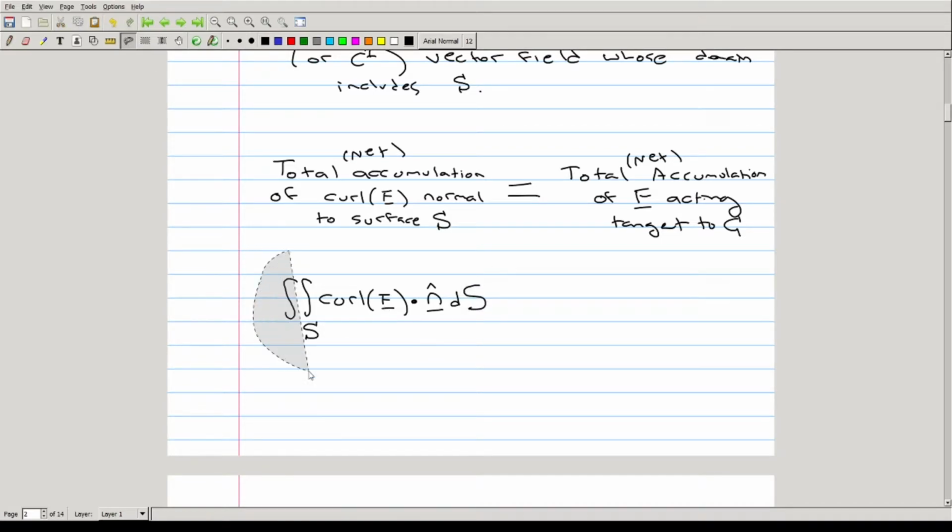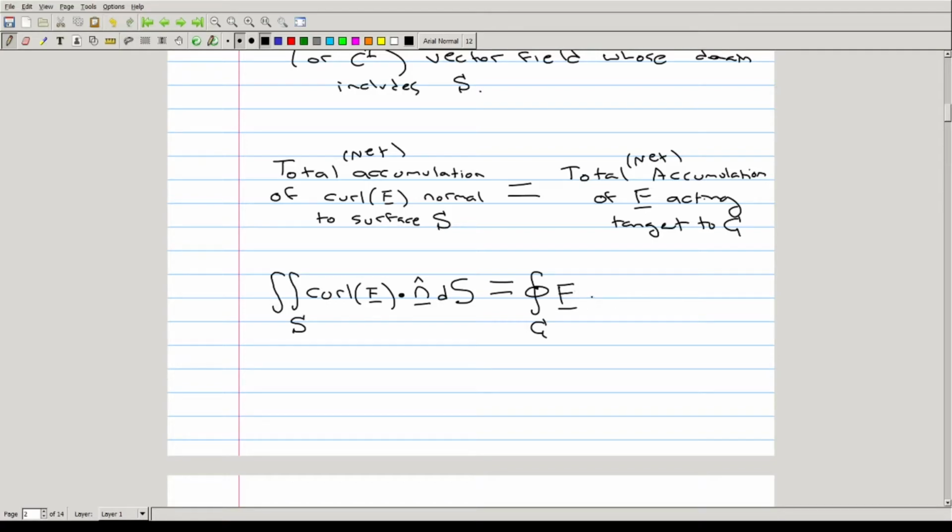This is the total accumulation of the curl of F normal to the surface S. This is exactly equal to the circulation integral over the boundary of the vector field F, which is the line integral of F dot dr.